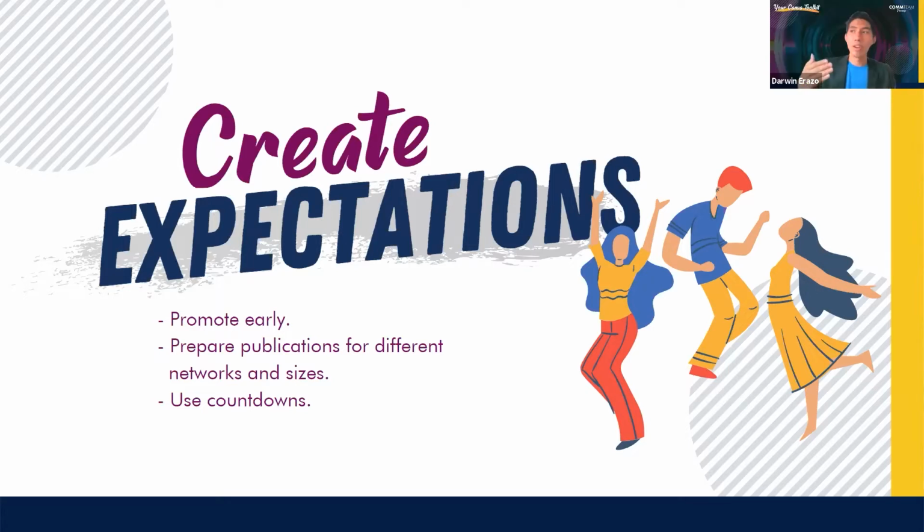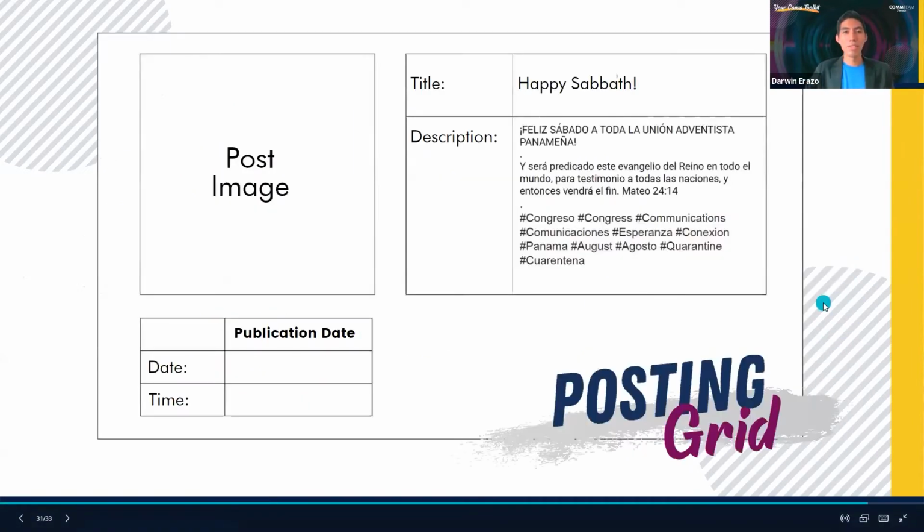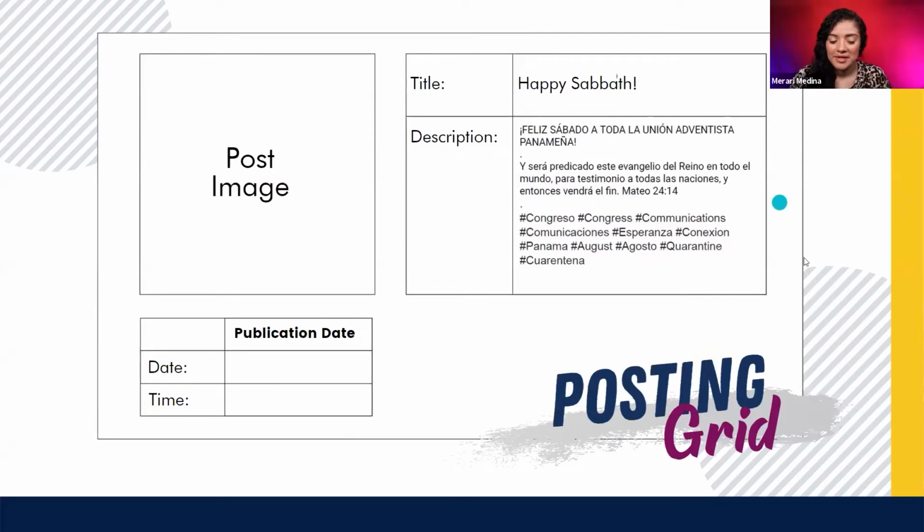And maybe you can start a month early, or a week early. You have to create expectation, and you have to tell the people that an event is coming, and you have to get them excited to participate.